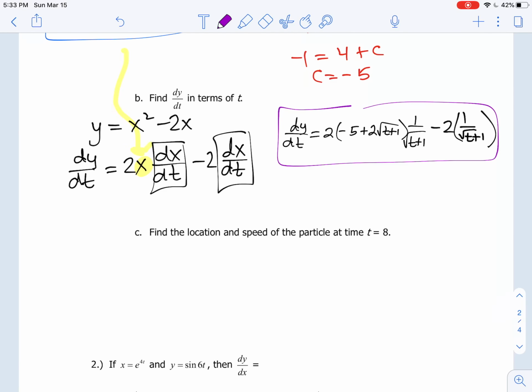All right, find the location and the speed of the particle at time t equals 8. Location and the speed of the particle. Well, I guess x of 8 should be reasonably easy, right? I have x of t. And they were nice enough to give us something where the square root comes out pretty nice.